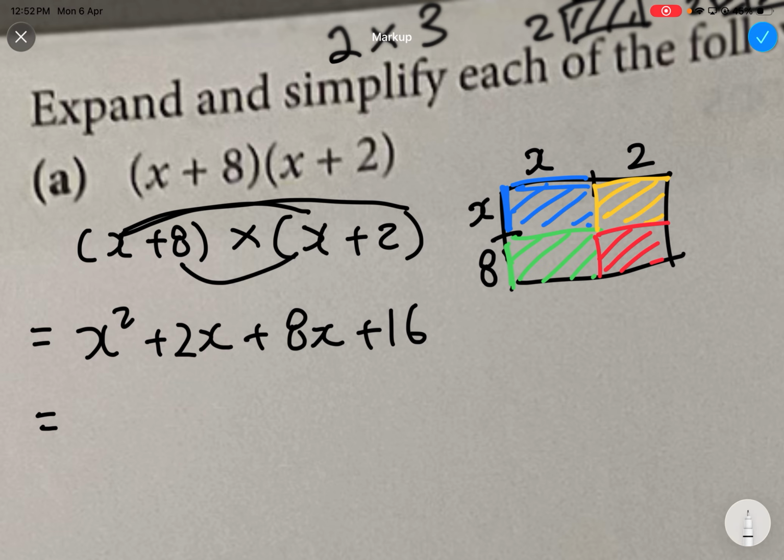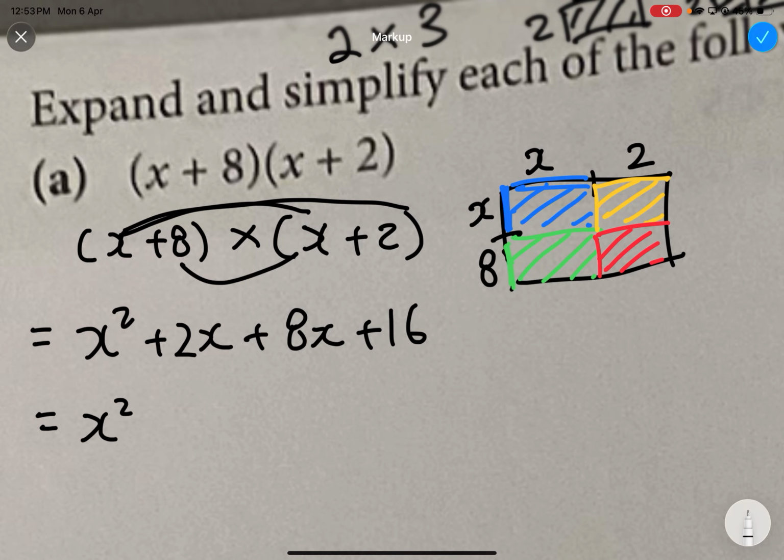I just need to know that I will always have first term multiply first term, first term multiply second term, second term multiply first term, and then second term multiply second term. Once I know this, I don't need this. This one is to help me see how I fit all the numbers.